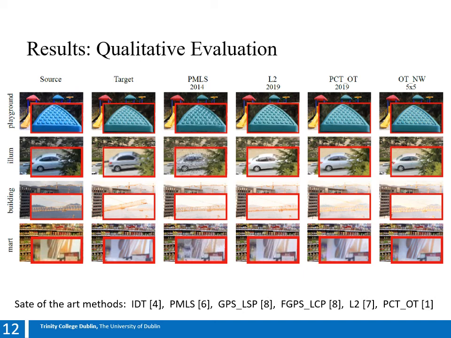While our method, OT in W, can correctly transfer colors between images that contain significant spatial differences and eliminate these shadow artifacts, as can be seen in the building example and also in the example with the car, where the cars between the source and the target are completely different. And also in the last row example, there is a change between the source and the target image.